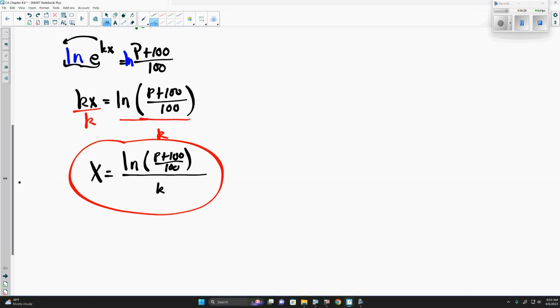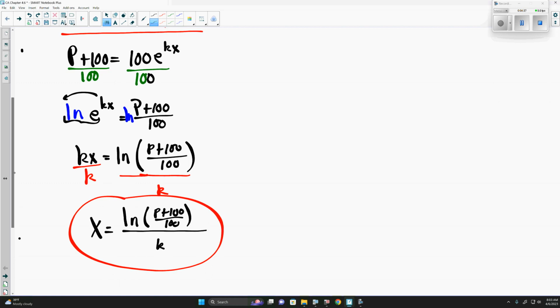And it's not that we're actually solving for anything, we're just trying to get the one variable by itself using the operations that we've had in order to do that. Any questions on this here?